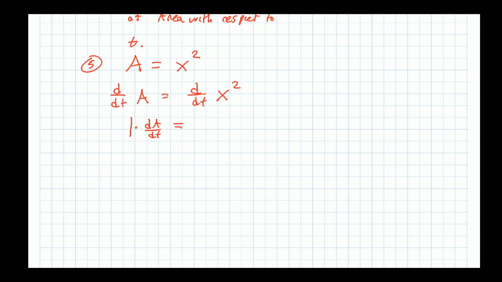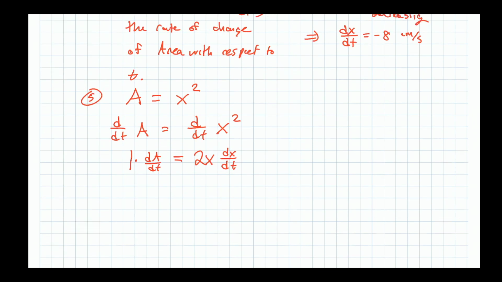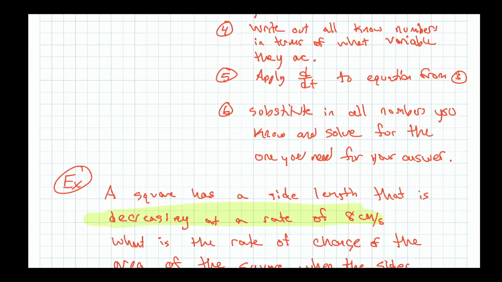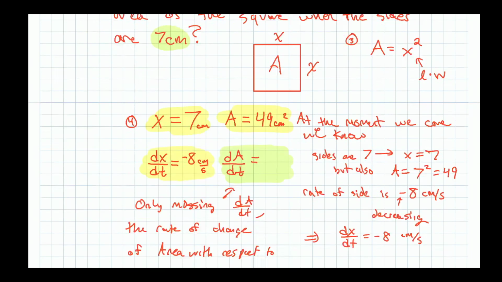The derivative of x squared is 2x, but then dx/dt. So that's it. That's all you're doing there. The derivative is easy on these. The hard part is the word problem. Then what? Substitute all the numbers you know and solve for the one that you need, right?